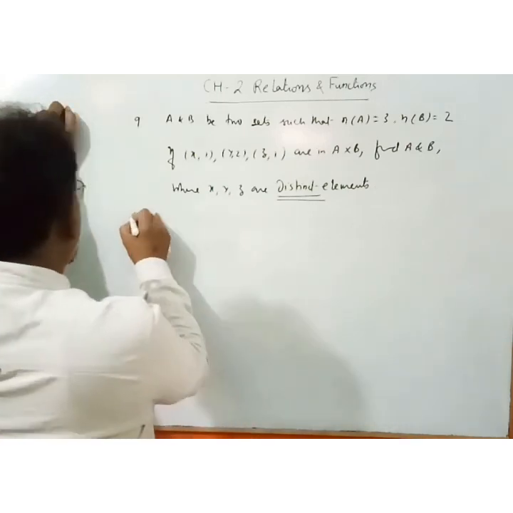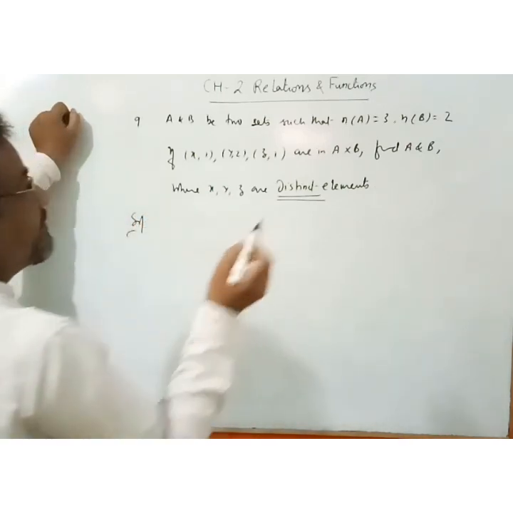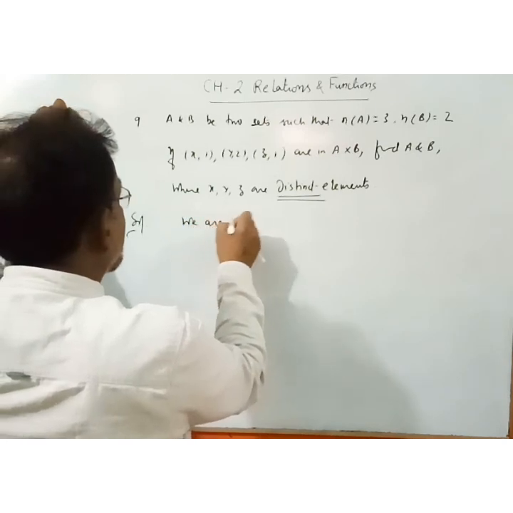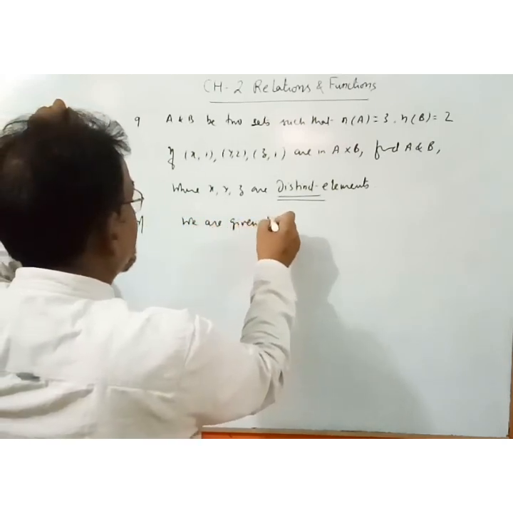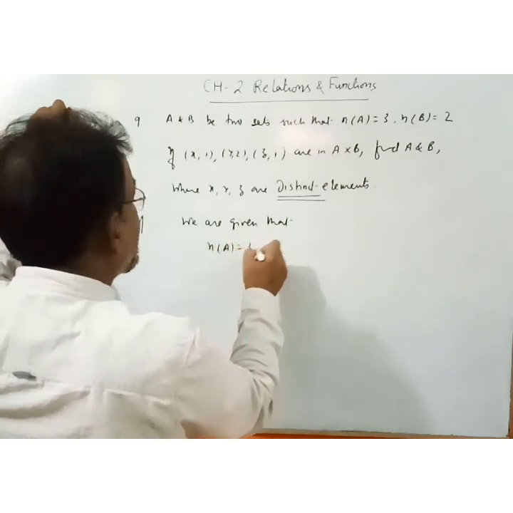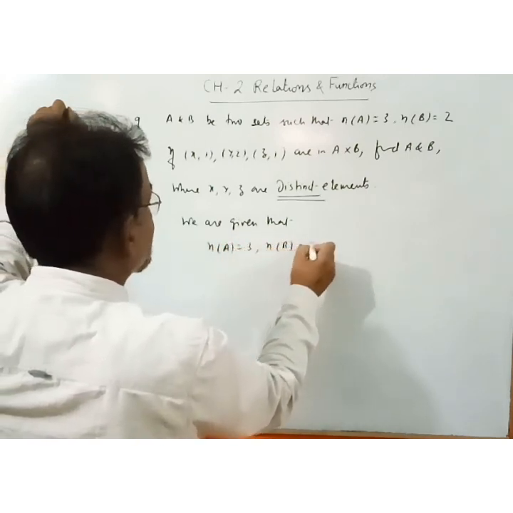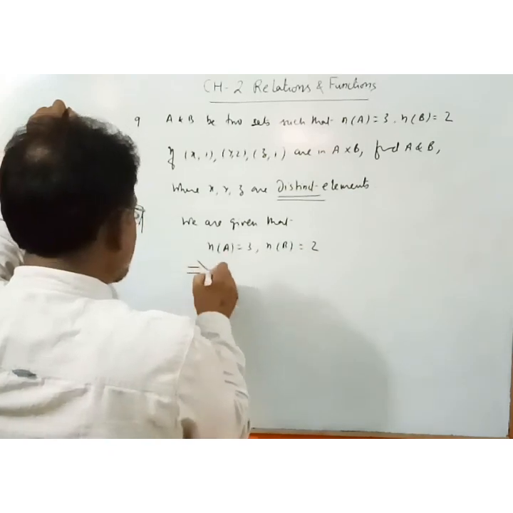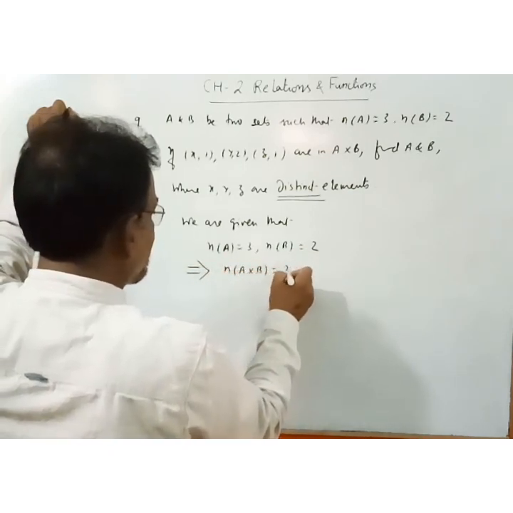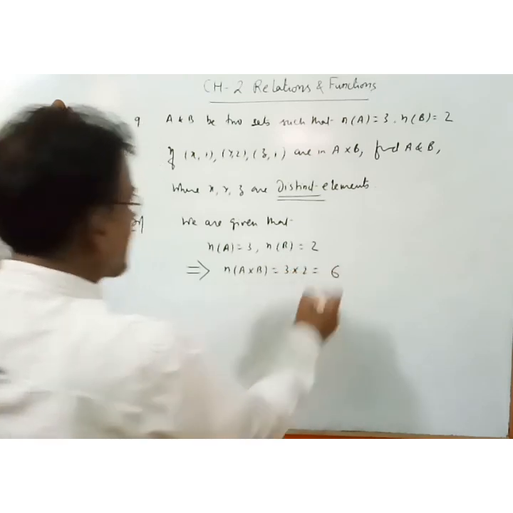Now, how will we proceed with the solution? We are given that n of A is equal to 3, n of B is equal to 2. This implies number of elements in A cross B should be equal to 3 into 2, that is 6.